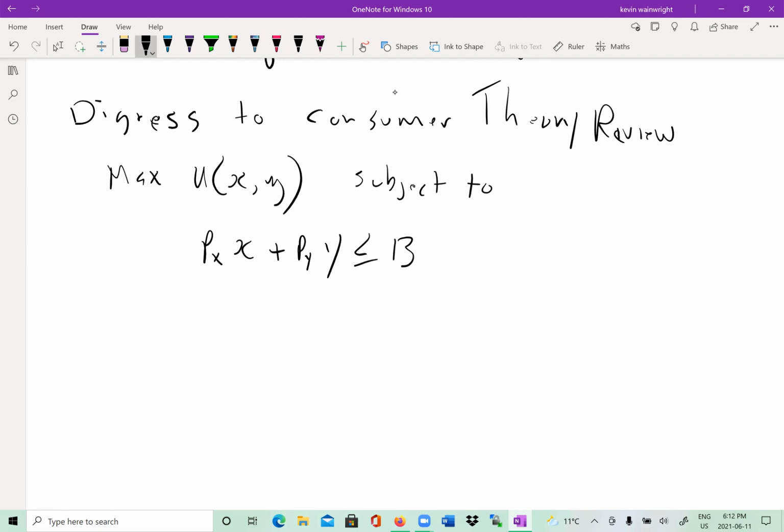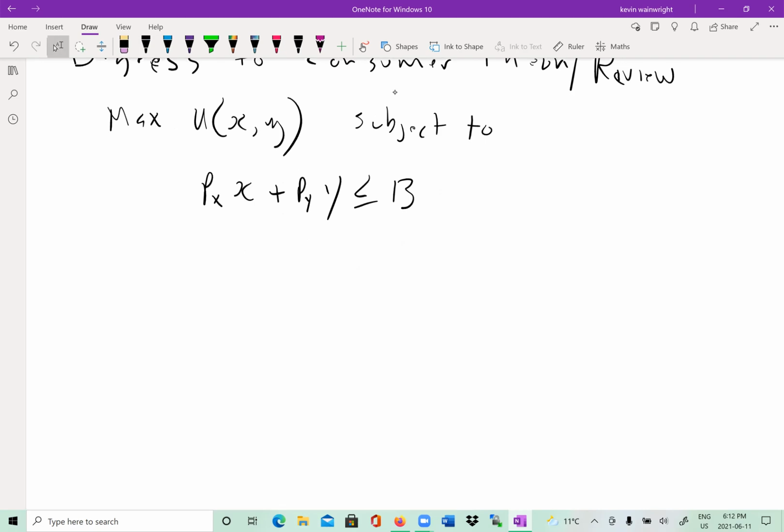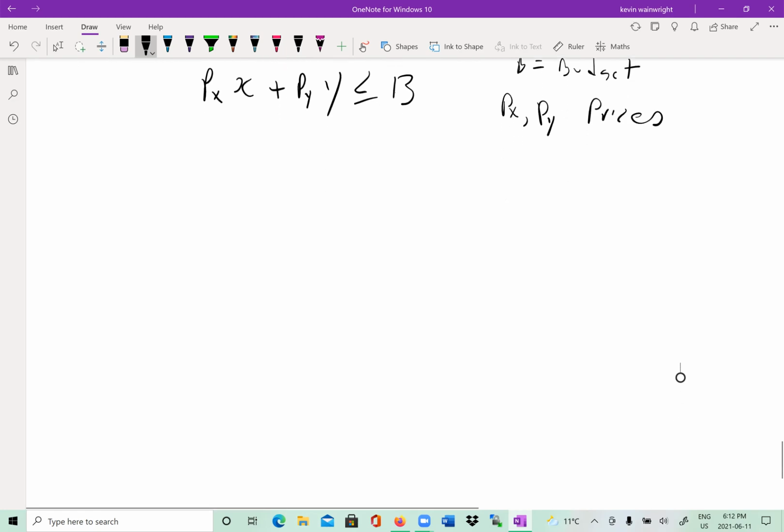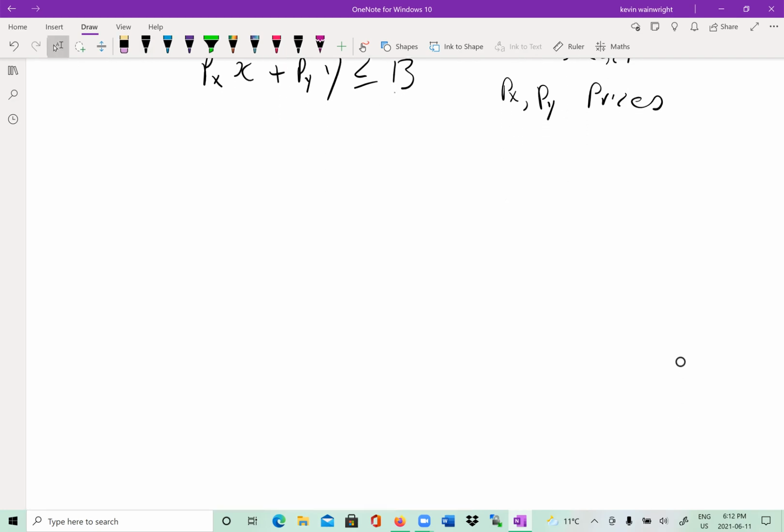Okay. So B is the budget. PX and PY are the relative prices. Okay. Now, for simplicity, we usually let PY equal 1. Okay.